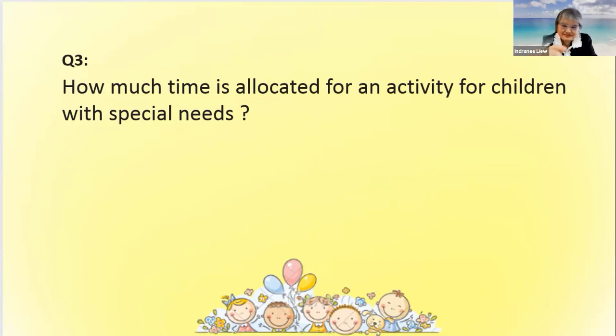Think of something like this. All right, so time definitely will depend on the child's cognitive development, as well as what? Fine motor skills and all that. So if I find that she cannot hold the tweezer, take away the tweezer, use your finger. All right. Next.